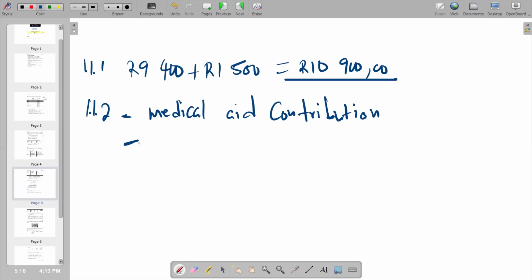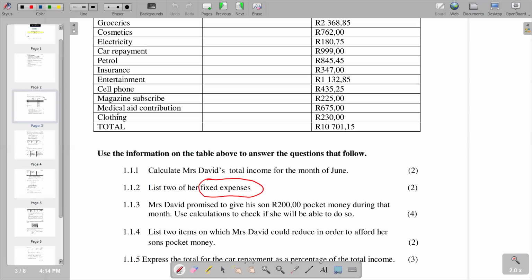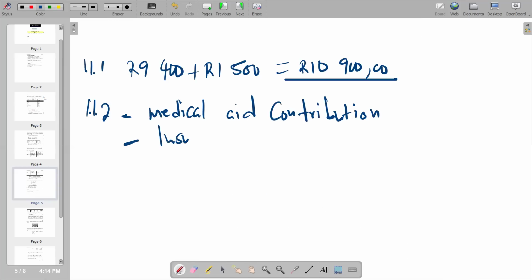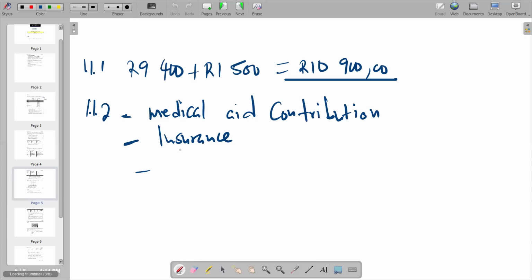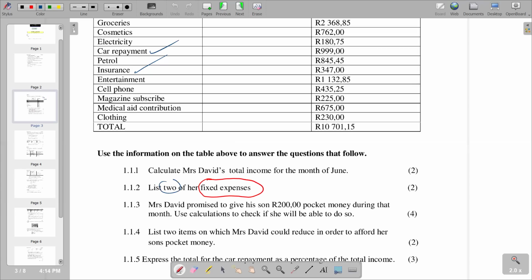That's the first one. We can pick the other one, which is insurance here. Then pick another one. Remember, we've got car repayment. If you refer back to the question, remember the question only requires us to pick two. So that's what we have on that part.